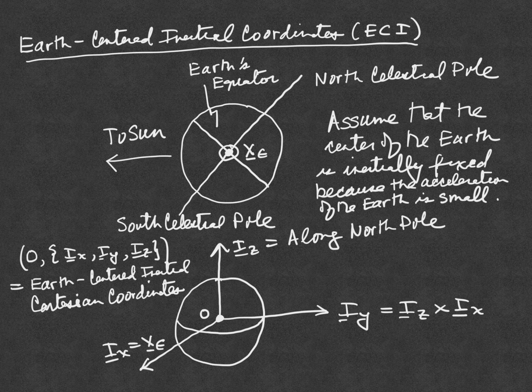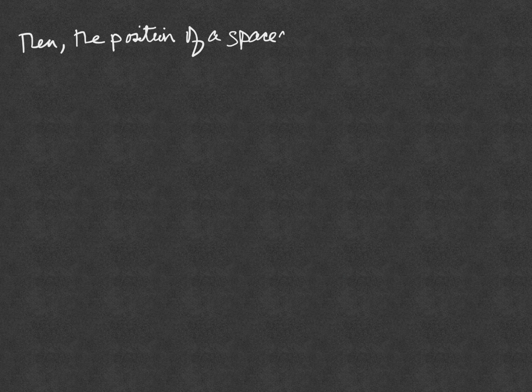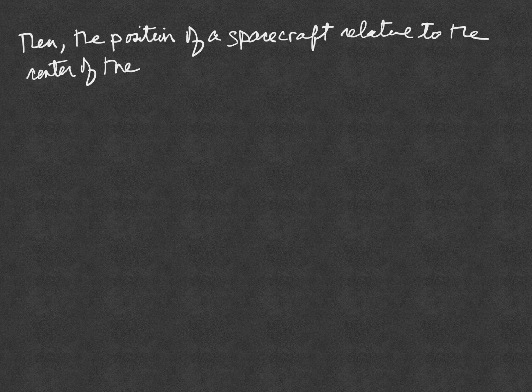So now we have a way of being able to describe the position of a spacecraft relative to the center of the Earth in terms of an inertially fixed coordinate system. So then, the position of a spacecraft relative to the center of the Earth can be expressed in Earth-centered inertial Cartesian coordinates.